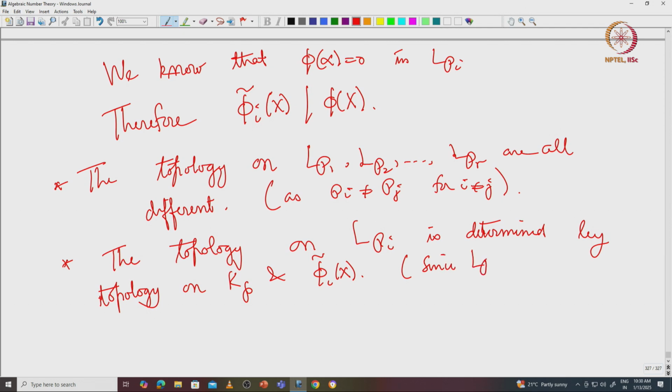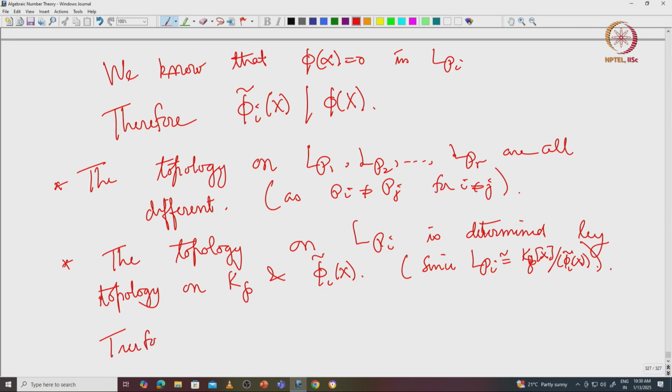Let me write it like this: this is isomorphic to K_p[x] mod phi_i tilde of x, right. So, it is a finite dimensional vector space with very specific relations coming from phi_i tilde, and so you can extend the valuation that way.